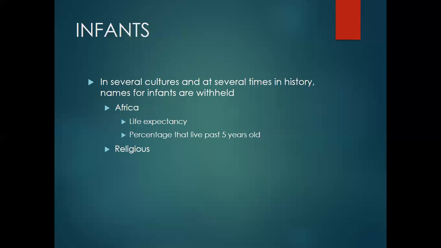So they will not name their kids until they reach the age of 5. There's no name, nothing affiliated with the child until that time frame. And the reason being is they don't want to have that additional concern, so to speak. Not that a name makes anything different, but culturally, that is something that has happened.